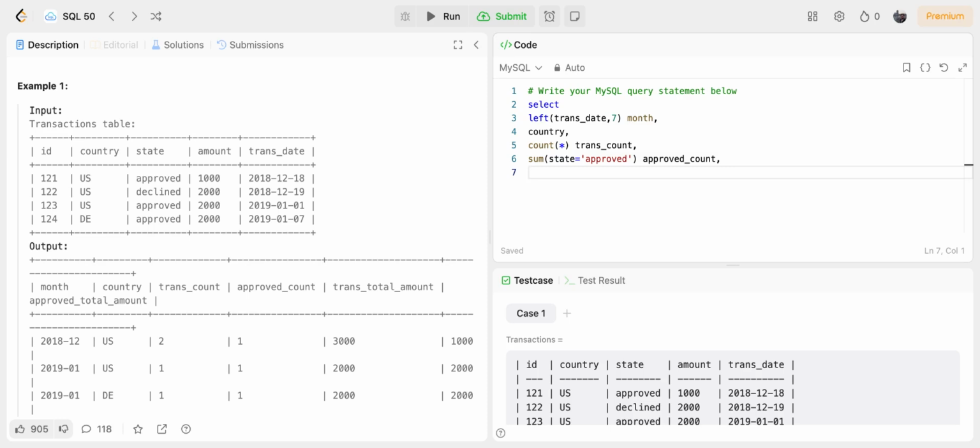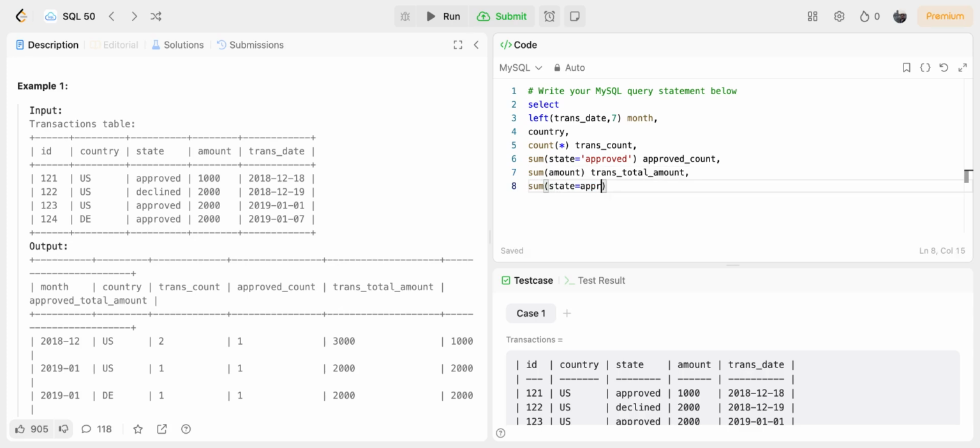And then trans total amount is the sum of all amounts. Call it trans total amount. And I'm gonna get approved total amount.